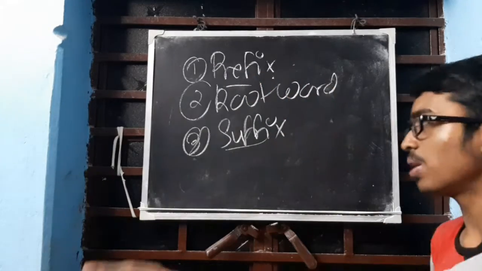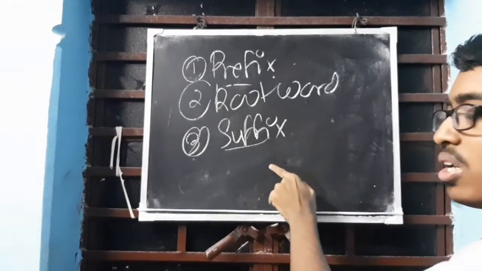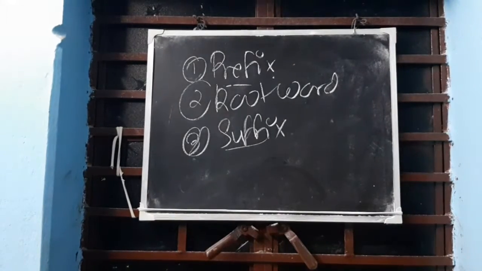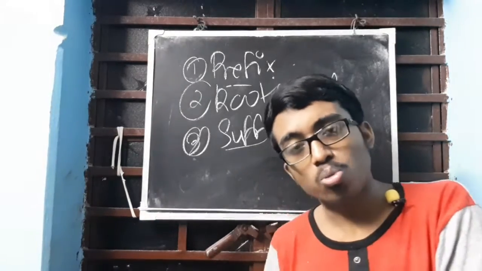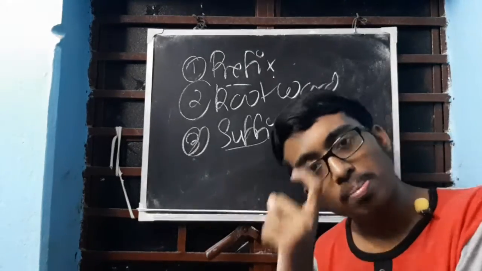Prefix and suffix can be primary or secondary, but that's a different thing, not now. Prefix, root word, suffix: three things you have to keep in mind. I have written this in order so that you can remember it. The prefix will come before the root word, and the suffix will come at the end. The root word is in the middle.